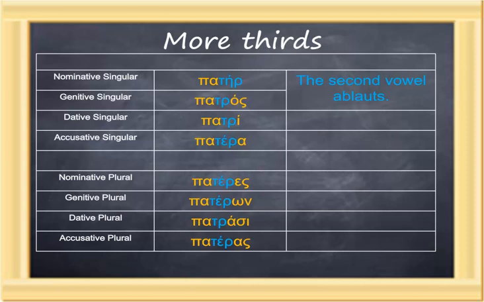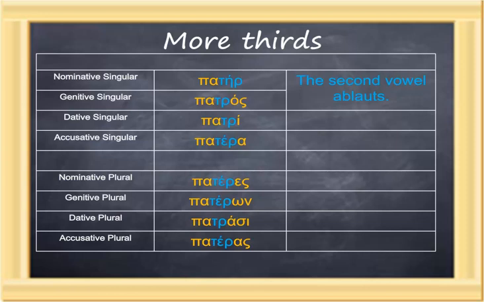A number of third declension nouns follow the pattern that we see with the familiar word pater for father. Here, something quite unusual is happening. The stem, which ends in a rho, changes depending on the case ending added to it by either lengthening or dropping the vowel of the second syllable.